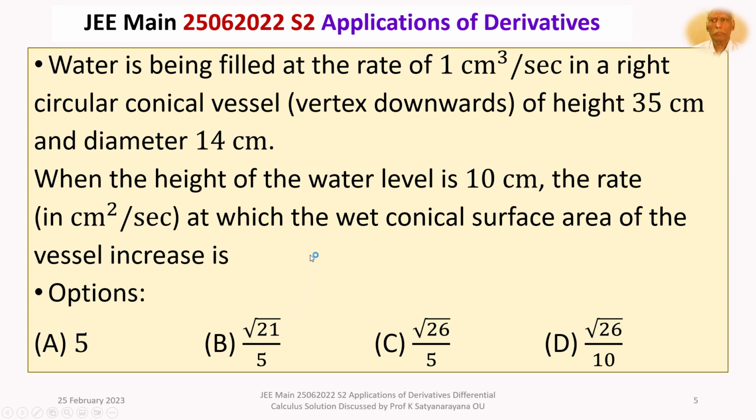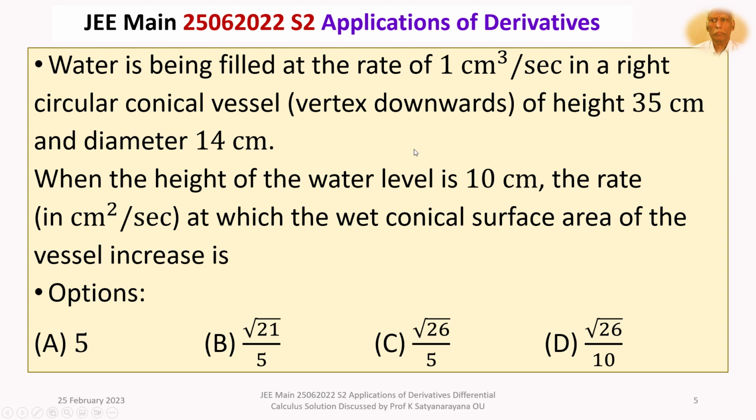We are given a circular conical vessel whose vertex is downwards, which is of height 35 centimeters and diameter 14 centimeters. Into this conical vessel, water is filled at the rate of 1 centimeter cube per second.